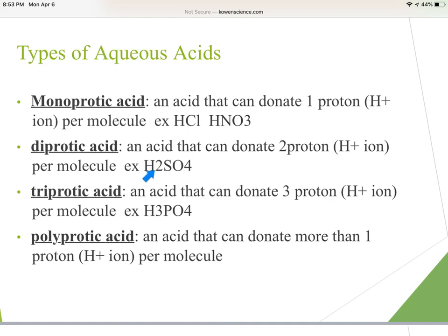This one, you'll notice that this is sulfuric acid. You'll notice that it has two hydrogens. This is a diprotic acid, meaning it could give up two hydrogens or two protons. If it has three hydrogens, we call that triprotic. And if it has more than one, we can just use a general term called polyprotic. So this could be polyprotic, this could be polyprotic as well.